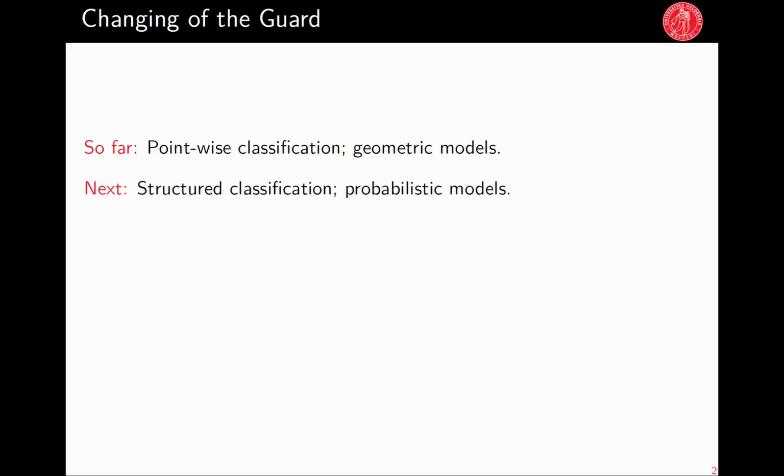We'll now be moving towards, in a sense, more complex, structured classification contexts. That is, a set of decisions taken jointly, or an interacting set of decisions, and we'll be moving from the geometric perspective to a probabilistic perspective.